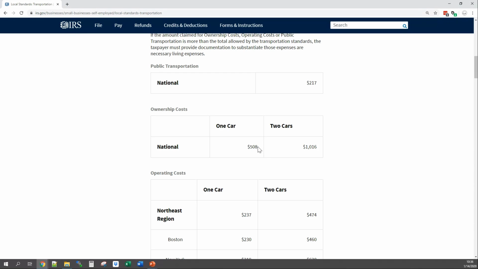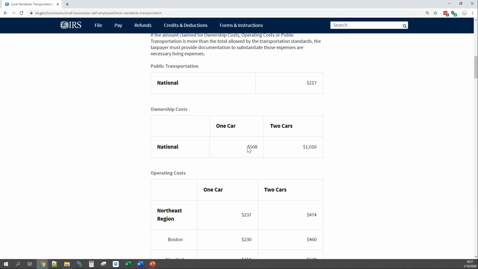If the taxpayer's car payment is, say, $325 a month, and they have 1 car, they're allowed to claim an ownership cost of $325 a month, not the $508. Now what if their lease payment is $975 a month for 1 car? Well, they're allowed $508.